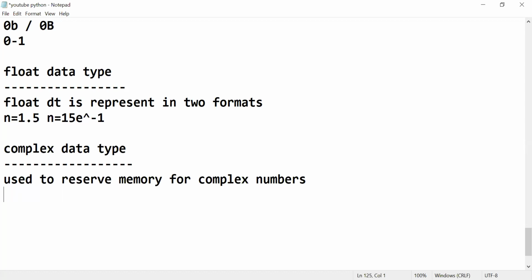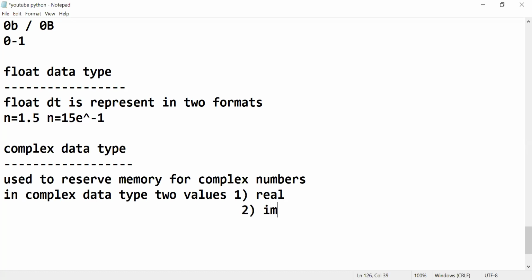One is the real value, and the second is the imaginary value.